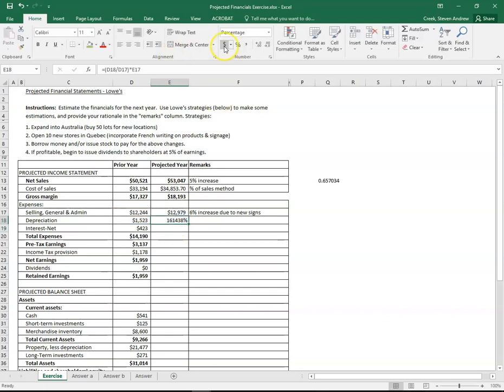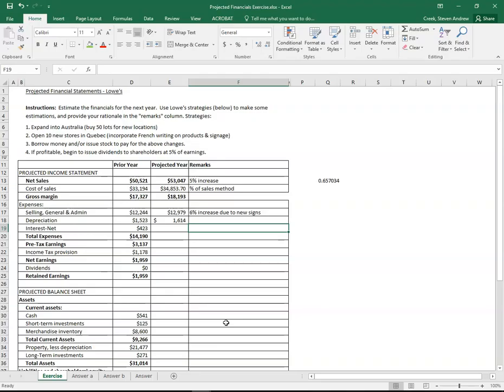And so, of course, that's supposed to be a dollar sign. So what we have here is 1614, which is a bit of an increase in depreciation. Again, we don't really need a remark. That's a good enough guesstimate there. Interest probably will go up, right? We need to borrow some money perhaps.